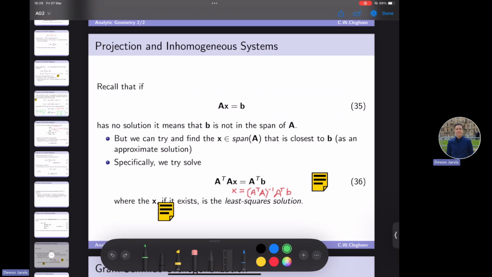If you try and solve this, what you're going to do is multiply on the left-hand side by A transposed. And once again, we get back to that case where A may not have been full rank. Well, it couldn't have been if b was outside of the span of A, so we know A is not full rank.